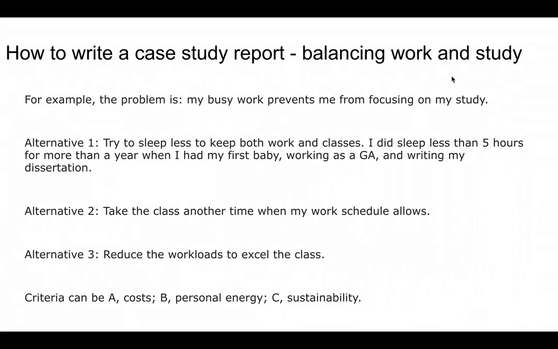Now we don't know exactly the percentage or exact measure of sustainability, but at least we can categorize it into low sustainability, medium sustainability, or high sustainability, right? So then let's use these criteria to evaluate all our options.